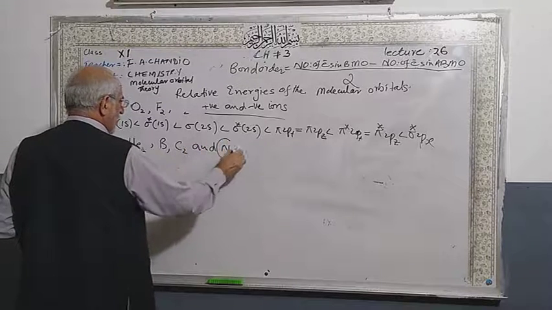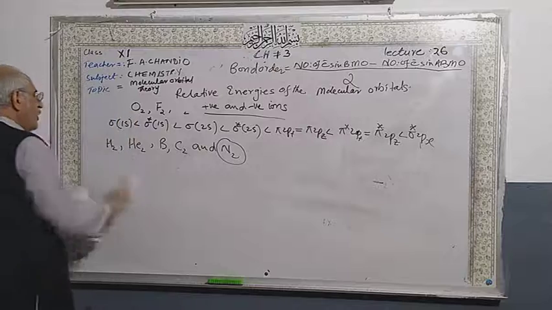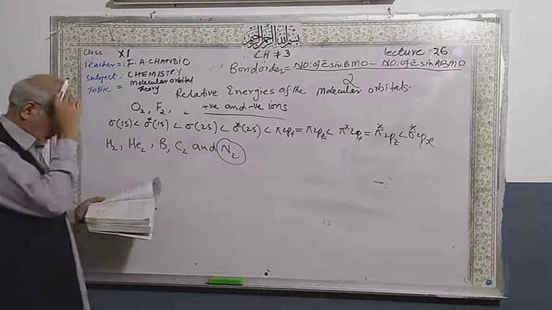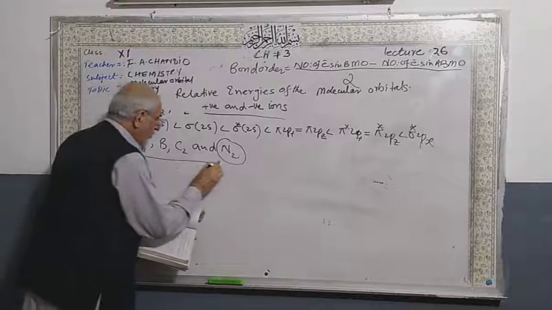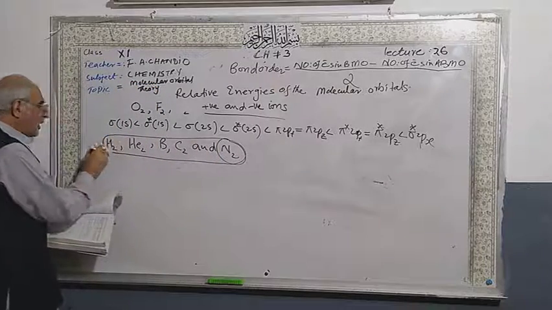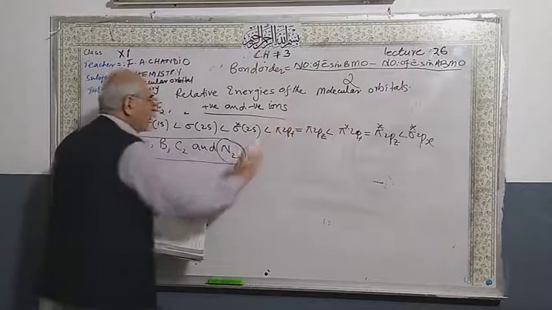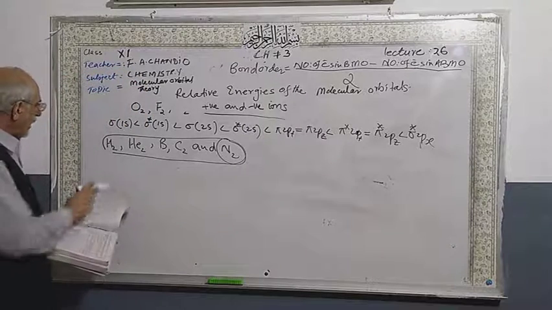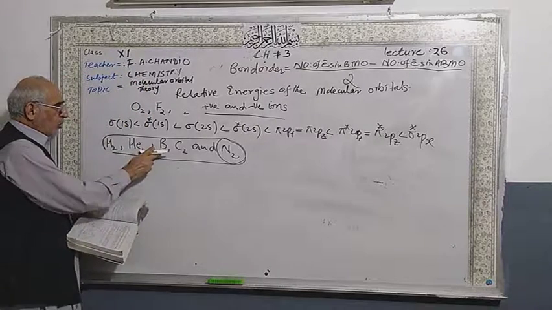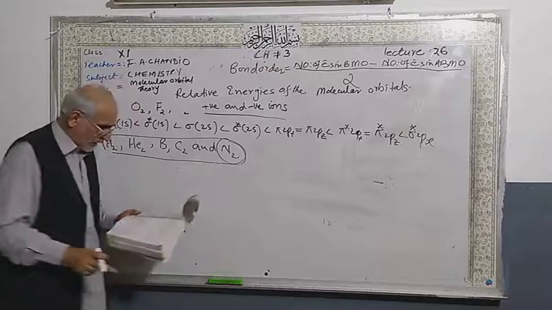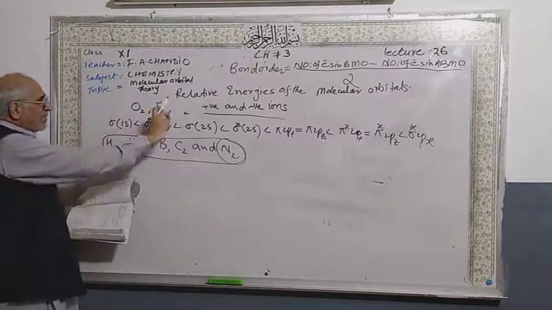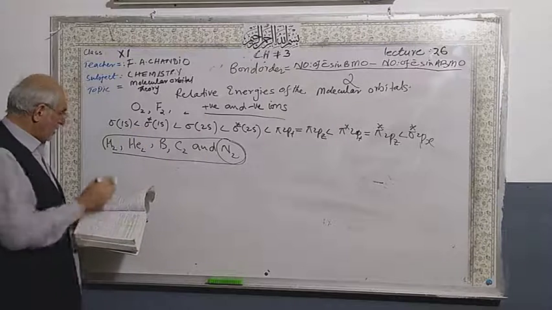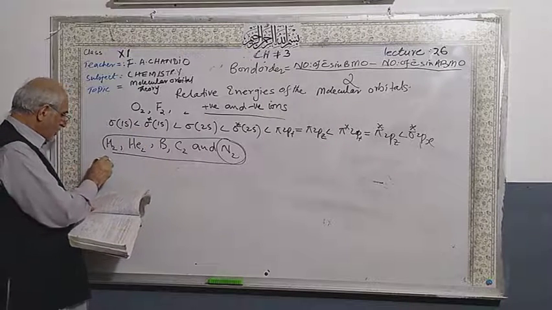Especially nitrogen is given in your book, oxygen is given in your book, fluorine also. So if you are distributing electrons according to this order, for hydrogen, helium, boron, carbon and nitrogen molecules, the increasing energy is in this form.